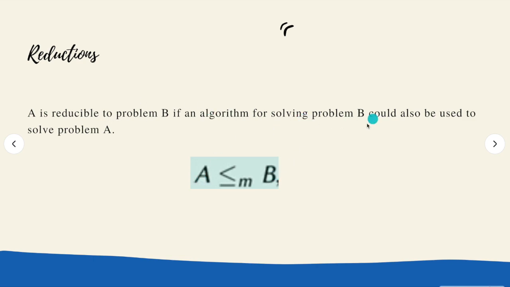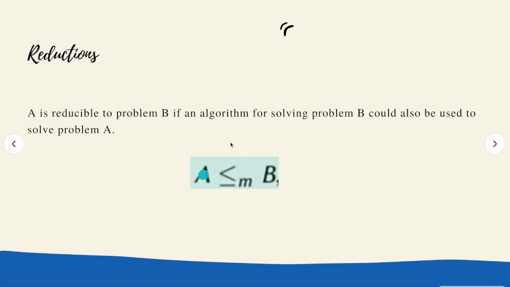So if I can go from A to B in polynomial time, note that it's a polynomial time reduction, and I haven't mentioned that. Reductions are of many kinds, but usually the ones we define in computational complexity have a bound on the reduction, and to define things like NP-complete, we use a polynomial time reduction.